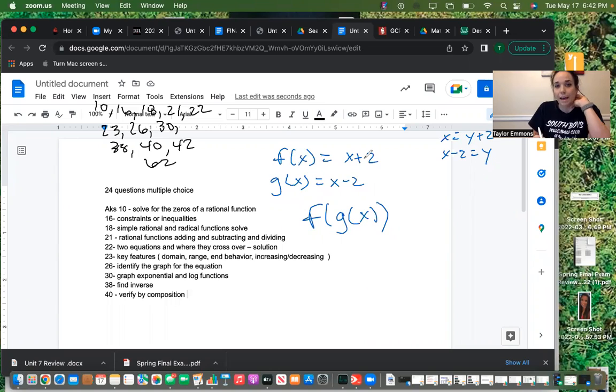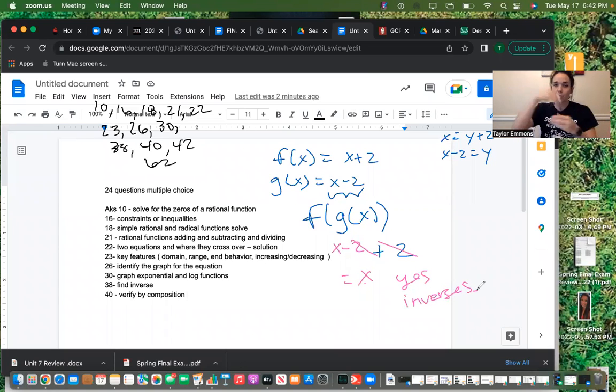Okay, so that's gonna take f, and instead of putting just x, we're going to write out what g is. So this entire thing. Okay, so instead of writing x, we're going to write x minus 2. So notice how that's the same thing as what g is. And then I'm going to simplify. Well, negative 2 plus 2 is going to cancel, and that'll give me x. Okay, if I get x at the end, then yes, they are inverses of each other.